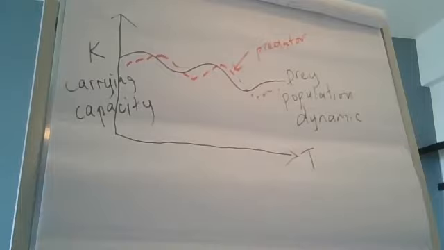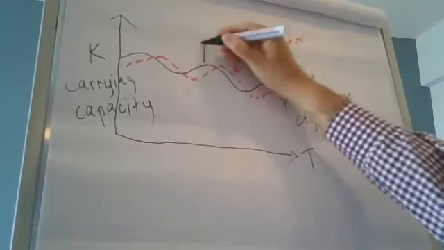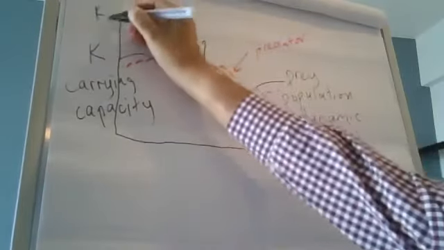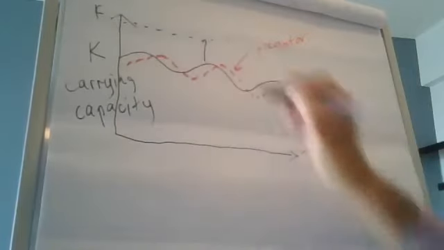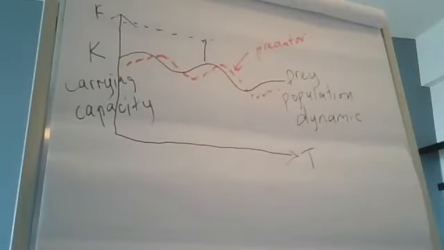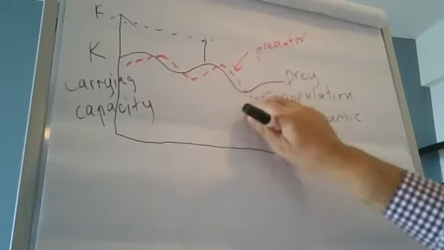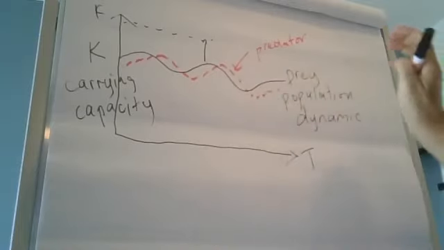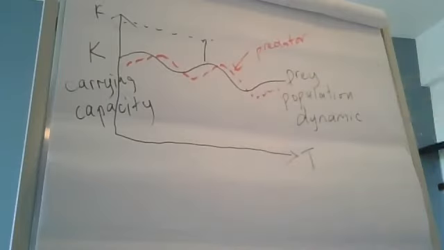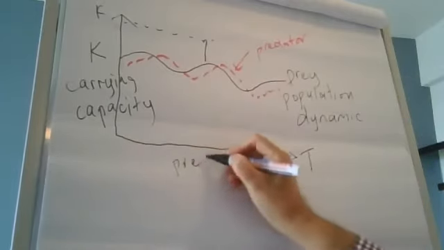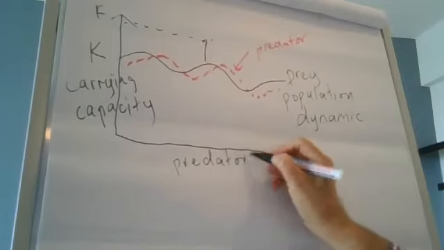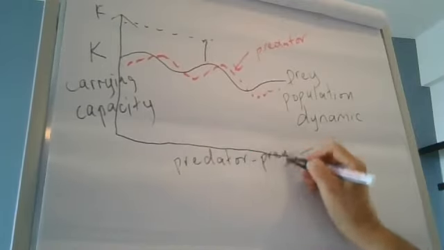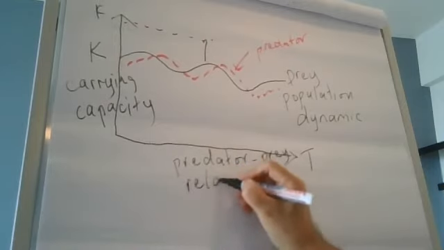Okay, it would be much higher. Let's say it could be up here, in a situation whereby there is no predator. Okay. Now, this is the typical predator-prey relationship.